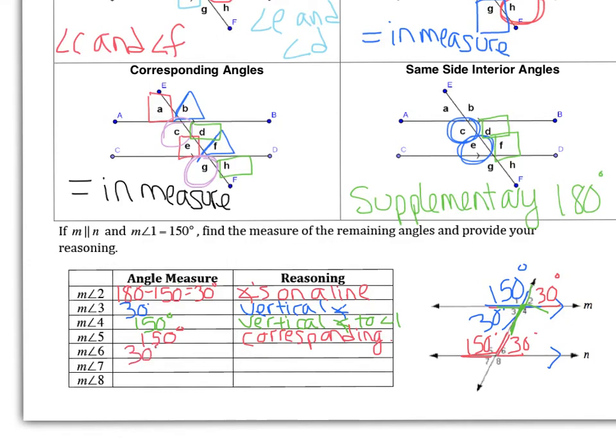So 30 degrees, I'm going to say alternate interior to angle 3. Angle 7 then has to be 30 degrees. And it's vertical angle to angle 6, or whatever your reasoning was here. And then I know that angle 8, that measure has to be 150 degrees, and it's vertical to angle 5. Okay, vertical to angle 5.